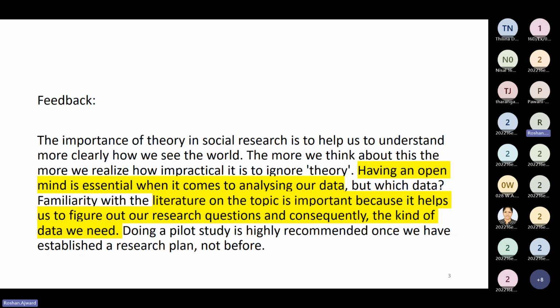Being familiar with the literature on the topic is important because it helps us figure out our research questions and consequently the kind of data we need. Doing a pilot study is highly recommended once we have established our research plan, not before. So you can very well see here that this is the feedback on why we need to read the literature at the planning stage.